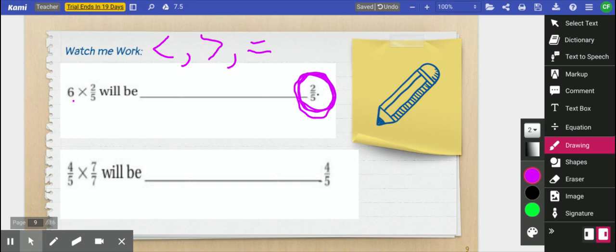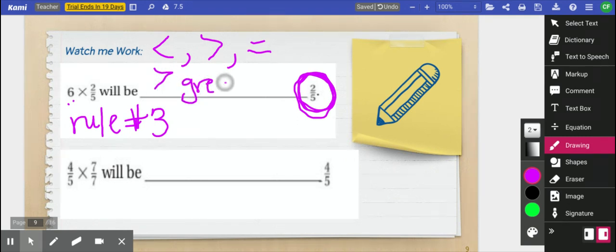Well, this is definitely rule number 3, multiplying fractions and improper or whole numbers, all right? When I multiply these, my answer is definitely going to be greater than this fraction, because I'm going to multiply the fraction 2/5 six times, which means my answer is definitely going to be bigger than that fraction. So for this one, I'm going to use the symbol greater than, or you can simply write the word greater.